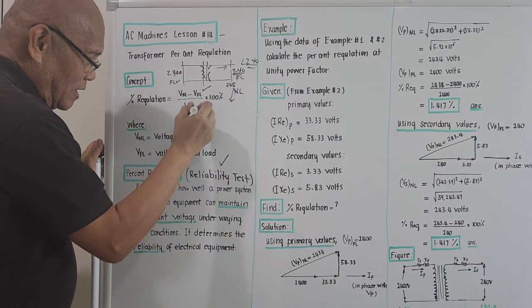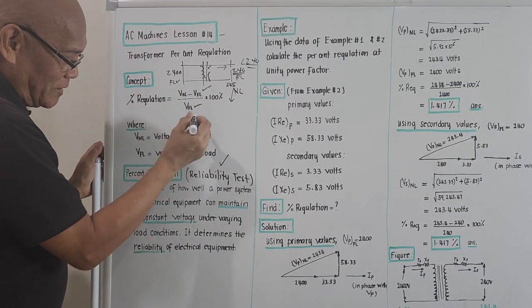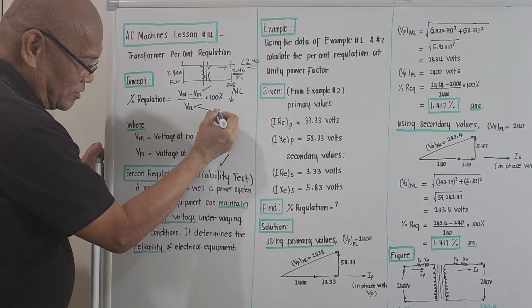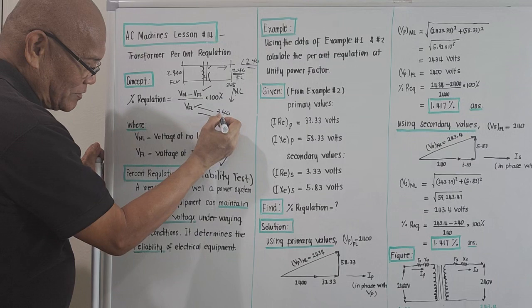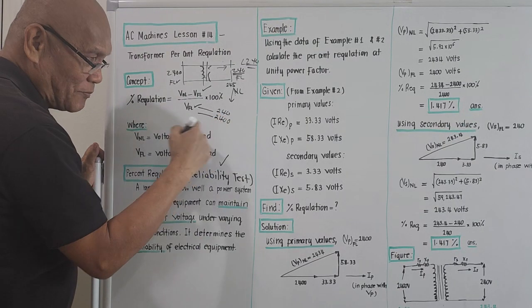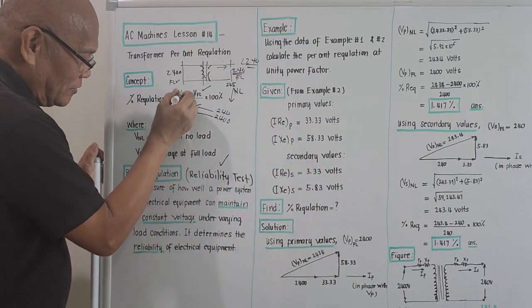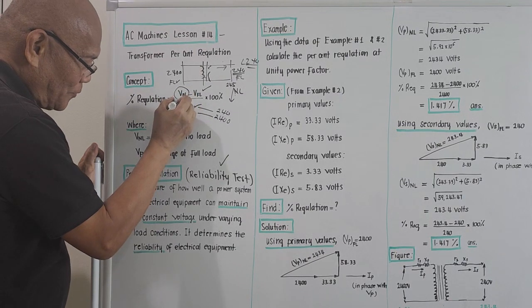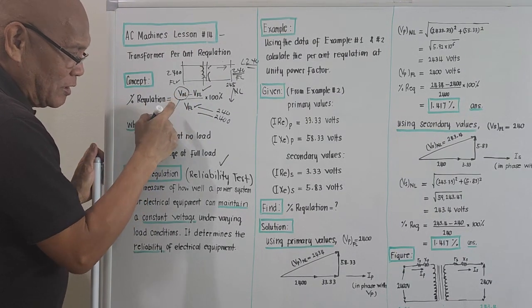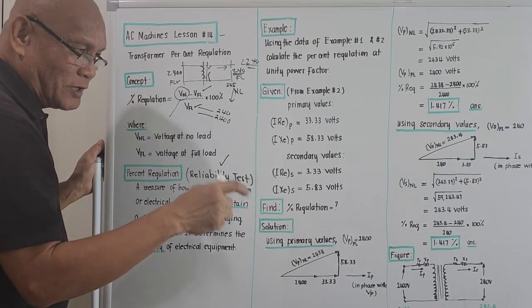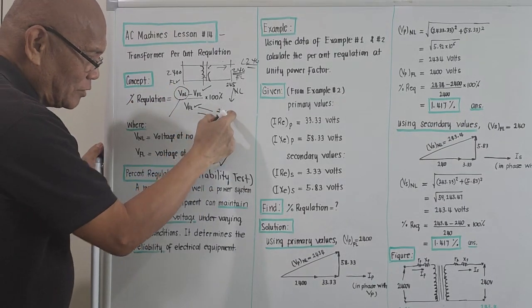Right? This full load value is actually on the secondary side, this is 240. Okay? On the primary side, it is 2400 for a step down transformer, right? And the one we are to compute for the percent regulation should be the voltage at no load. We should be computing a value greater than 240 and 2400.